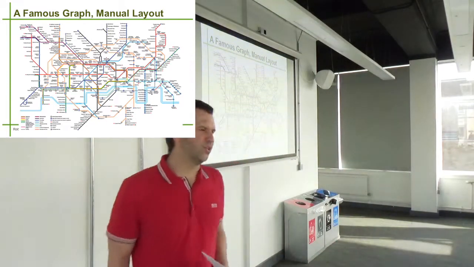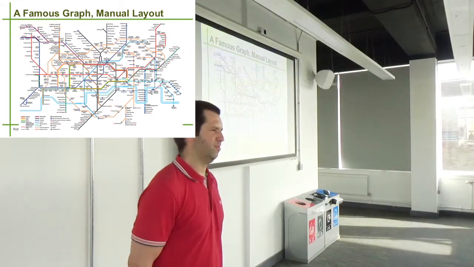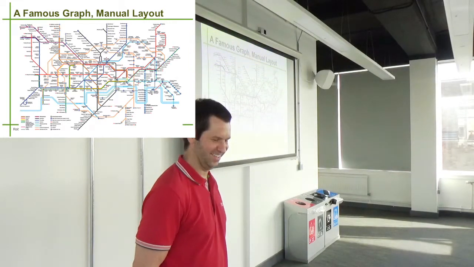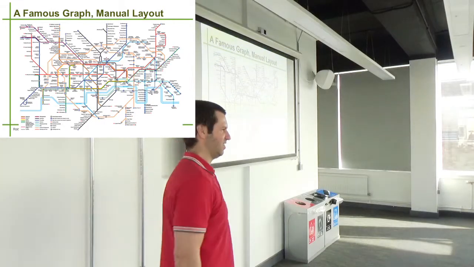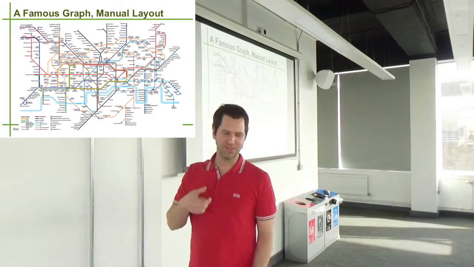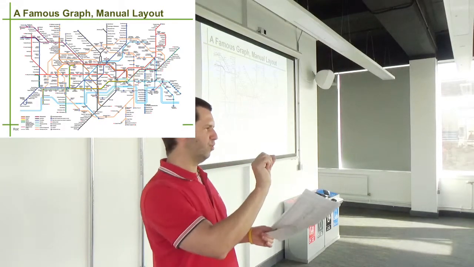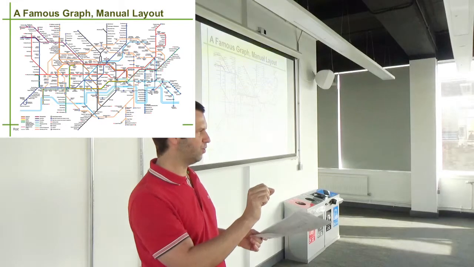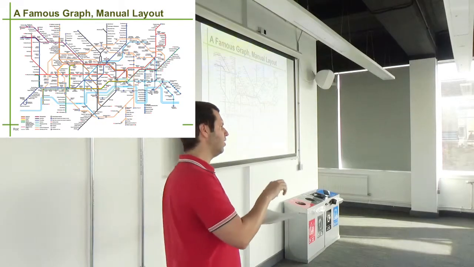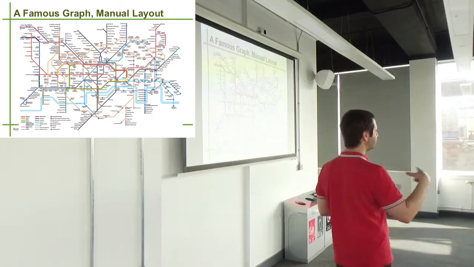Now, this is what I do in my free time. I look at the graphs and I say, oh, what are the properties that have been optimized? Right? That's what you do. And this is a famous example. So this was somebody putting the nodes and the edges down manually, not writing some software that does it automatically.